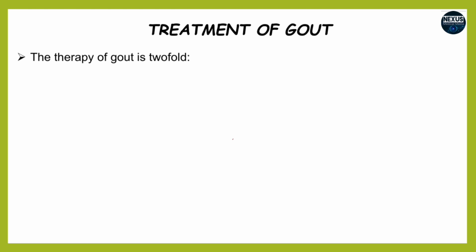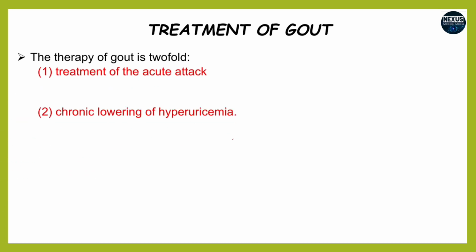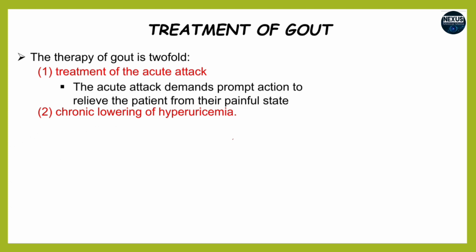Treatment of gout. Right, so treatment is actually twofold. Firstly, there is treatment of the acute attack and treatment of the chronic, which is the chronic lowering of hyperuricemia. The acute attack demands prompt action to relieve the patient from their painful state.